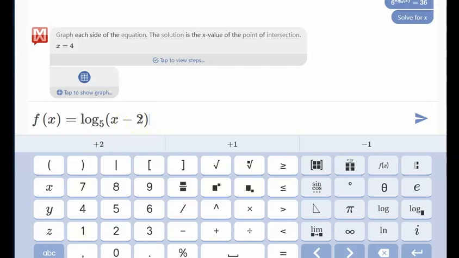So is that going to move it in the negative direction 2, that is to the left, or a positive direction 2 to the right? It's going to move it to the right. And our points will be like 1/5, 0, and 5.